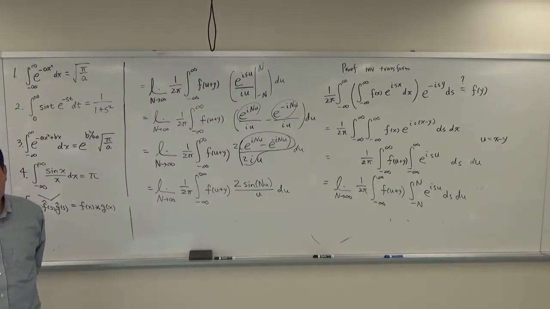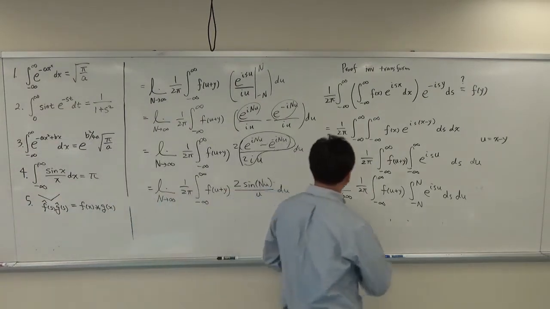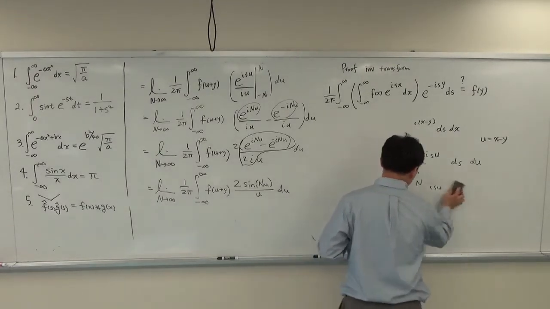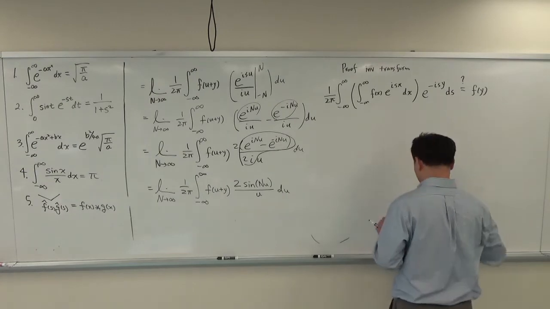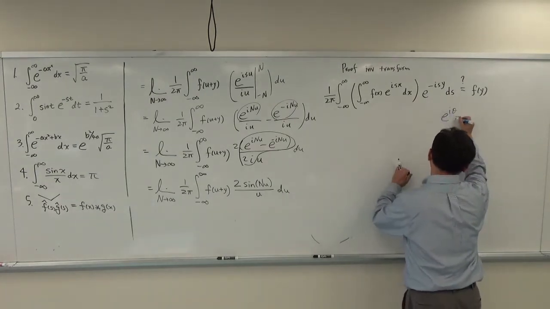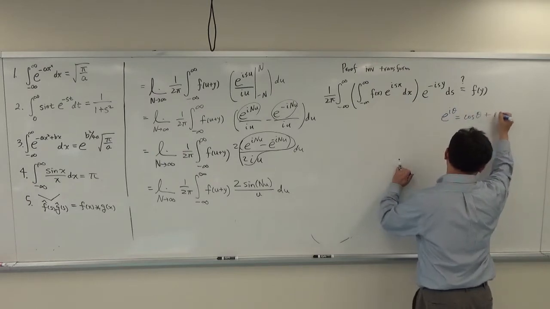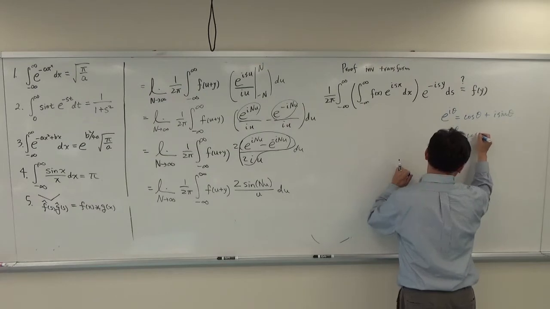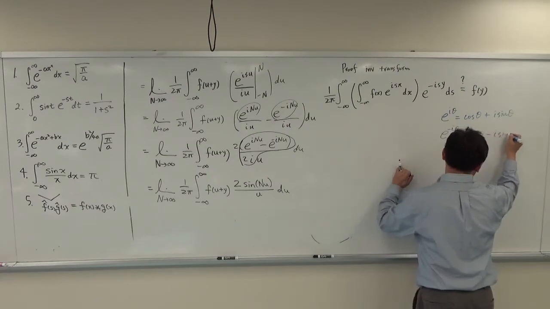Okay. Can you repeat the first step? So I'm trying to say e to the i theta is cosine theta plus i sine theta. E to the negative i theta is cosine theta minus i sine theta.